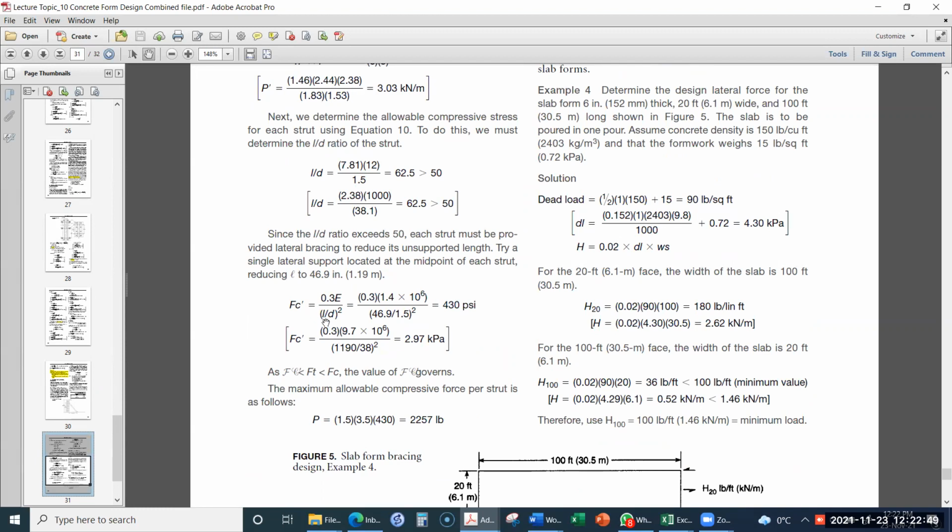Here L is at half of this length, 1190, and D is this one. So now it comes to 2.97 kilopascal.